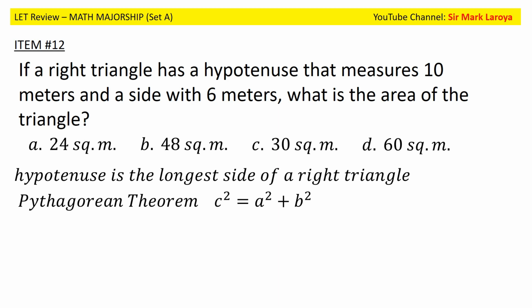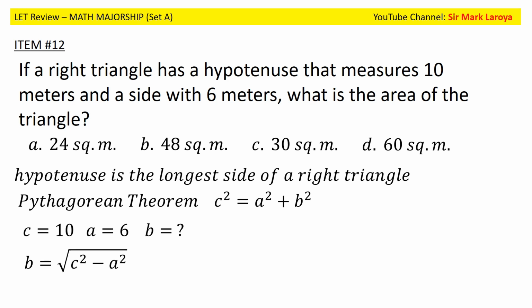And c is the hypotenuse of our right triangle. So, pwede nating i-assign na yung ating C is the 10 that measures 10 meters. The hypotenuse, yung A naman, siya yung gawin nating 6 meters. So, ang magiging unknown natin dito is B. So, we can solve for B from the Pythagorean theorem.